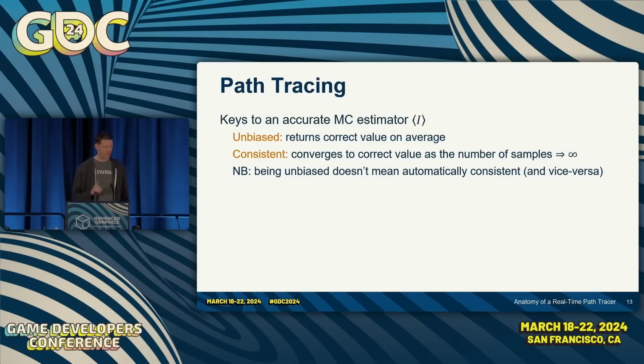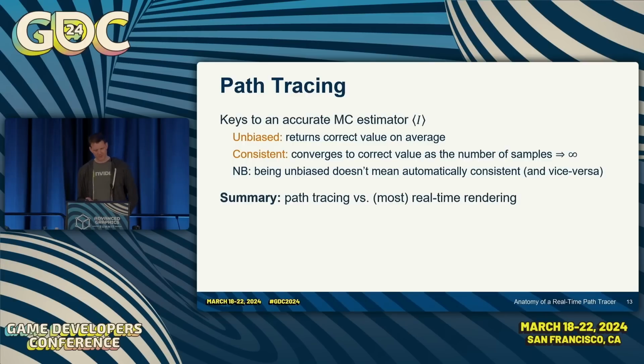Keep in mind these things aren't the same. Being unbiased doesn't mean that you're automatically consistent, and vice versa. This is an important aspect of rendering in general, path tracing in general, but less important in real time, which I'll mention a little bit more later.